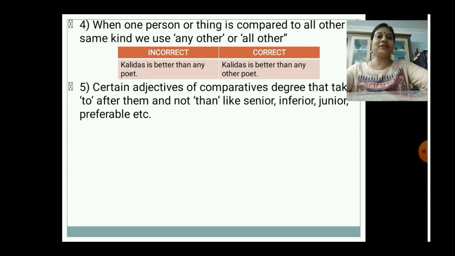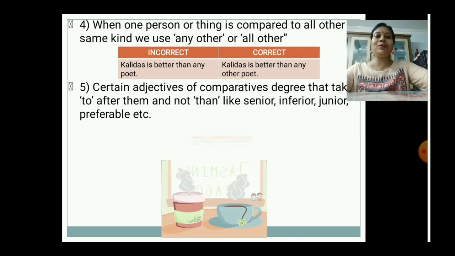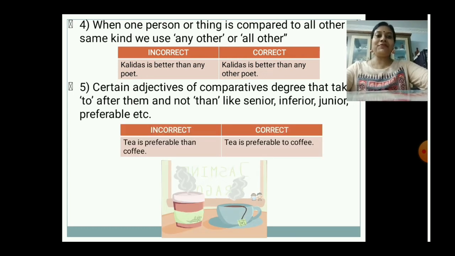Certain adjectives of comparative degree take to after them and not than, like senior, inferior, junior, preferable, etc. See the example below. Tea is preferable than coffee. So in place of than, we will use what?